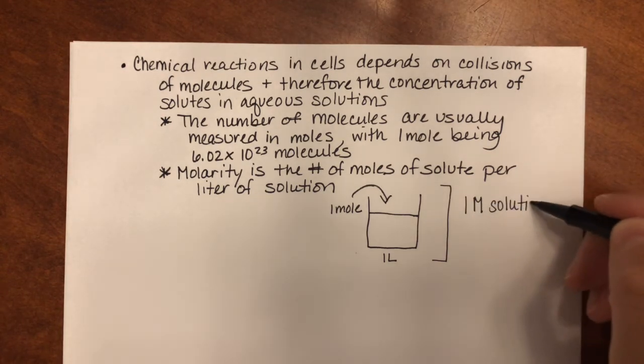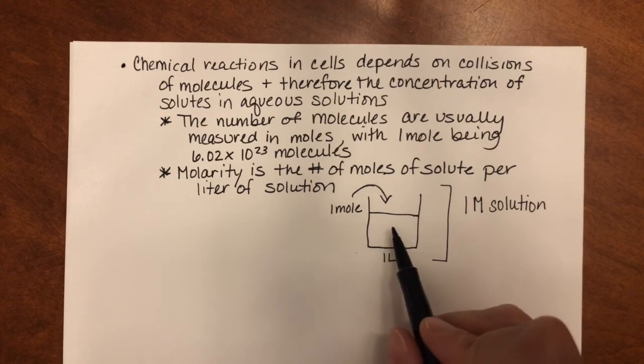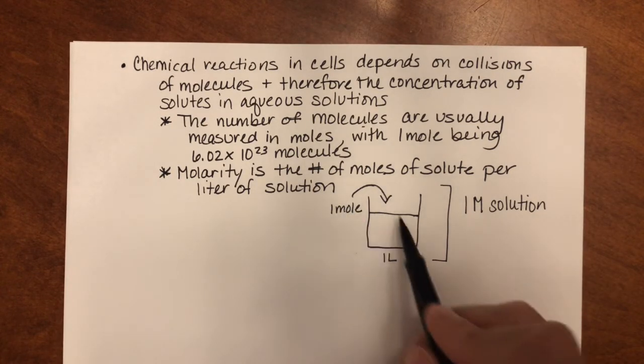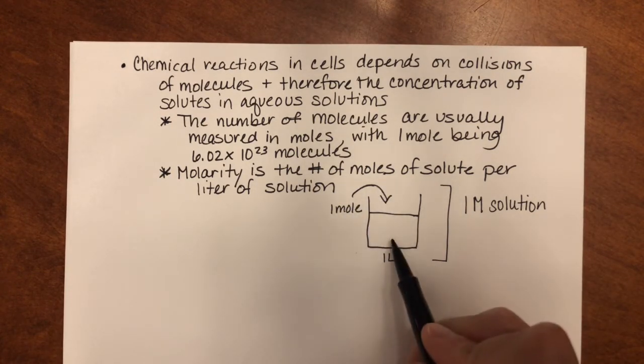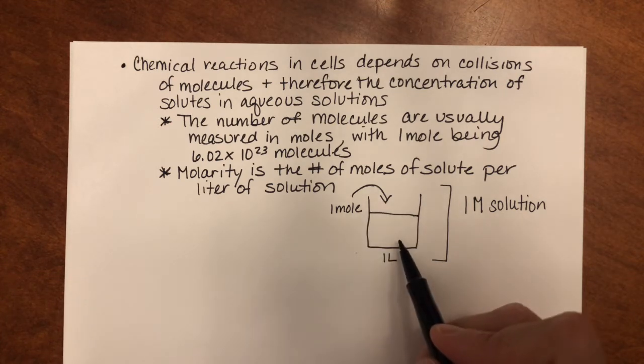Capital M refers to molar, and so it's a 1 molar solution. It could be a 1 molar sucrose solution, if it's table sugar, we're putting a mole of table sugar in this, or it could be salt or whatever it may be.